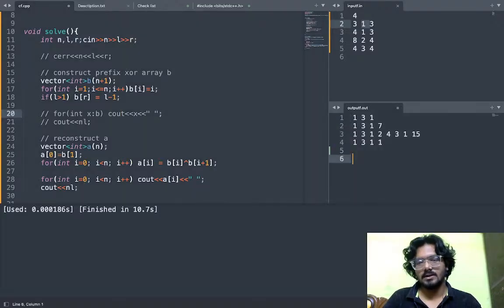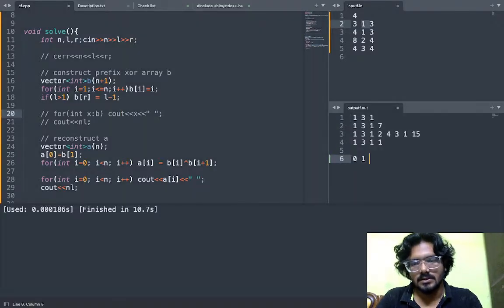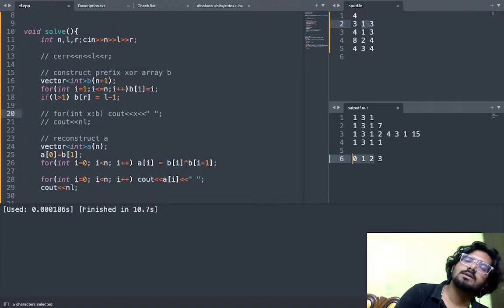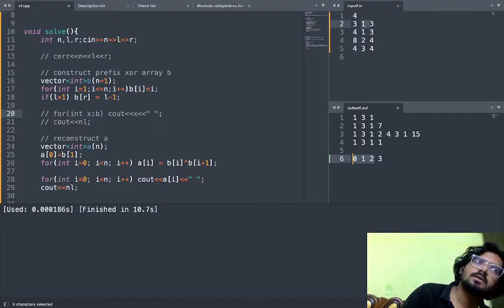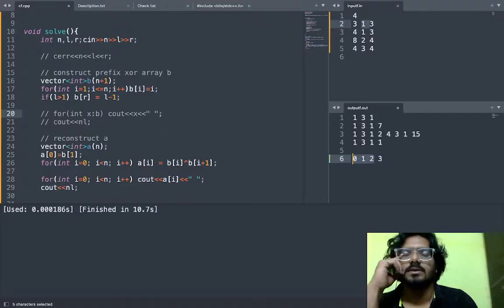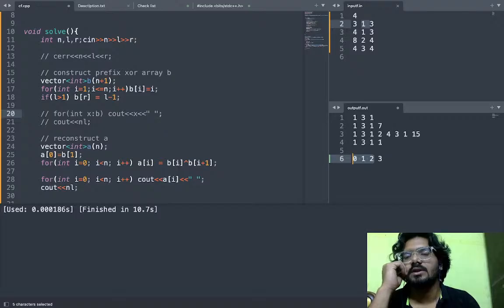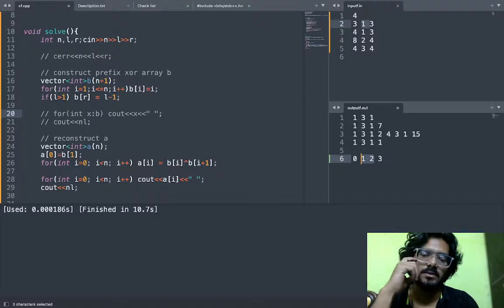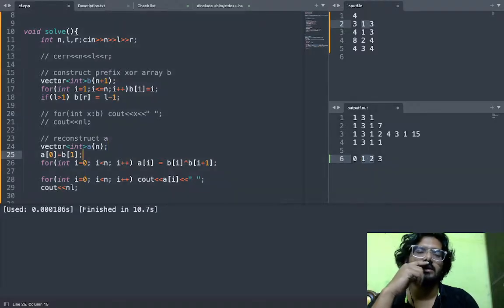We have an array 0, 1, 2s and 3s. Okay. This will give 1. What will this give? Are we XORing everything or no? We are just doing this one to get back the numbers.